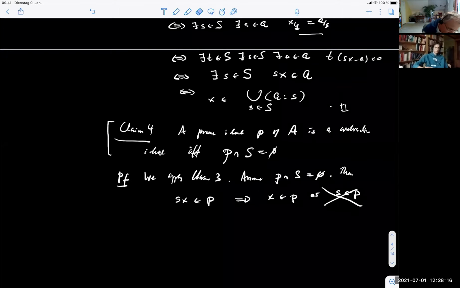This is impossible because we assume they are disjoint. So I see P is a contraction ideal.